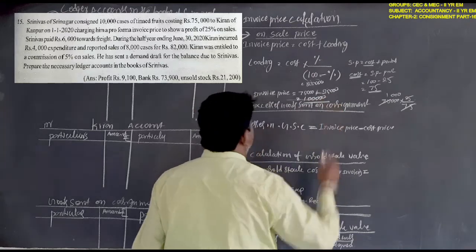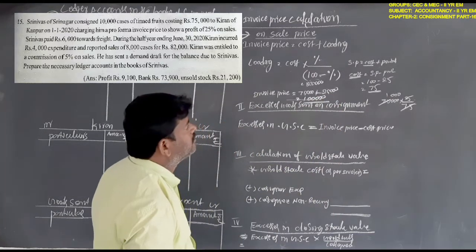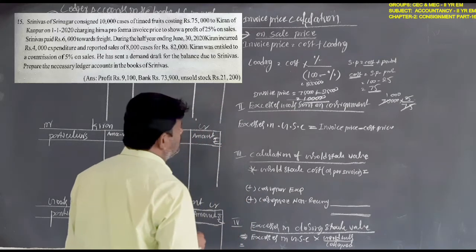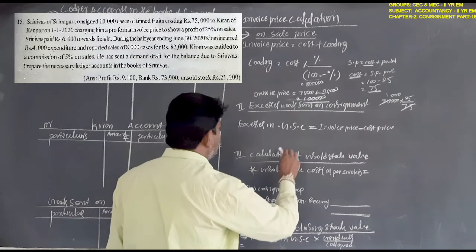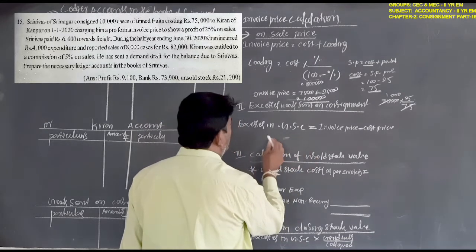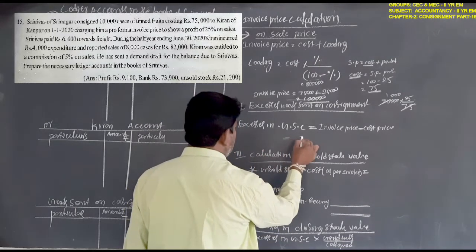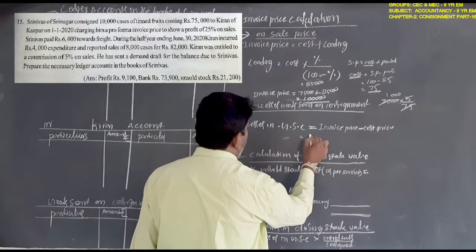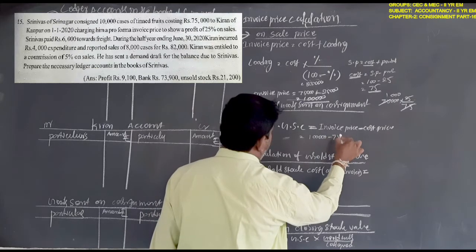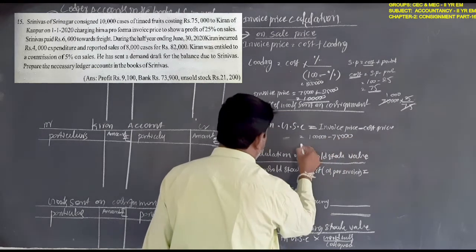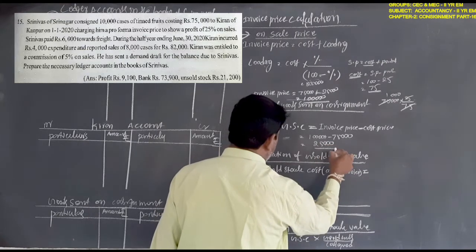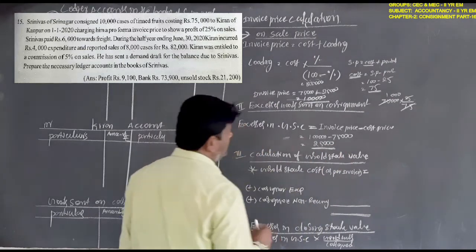This is the invoice price. Next, the excess in invoice price in goods sent on consignment is equal to the invoice price of 1 lakh rupees minus the cost price of 75,000 rupees. So 25,000 rupees is the excess in goods sent on consignment.